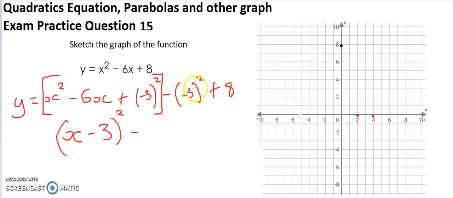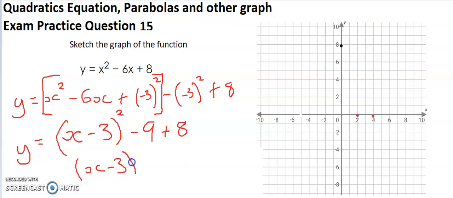Well, (-3) squared is -3 times -3, which is 9. So still take away 9 plus 8. If we go one step further and finish that last part off, we are given -9 plus 8 equals -1.